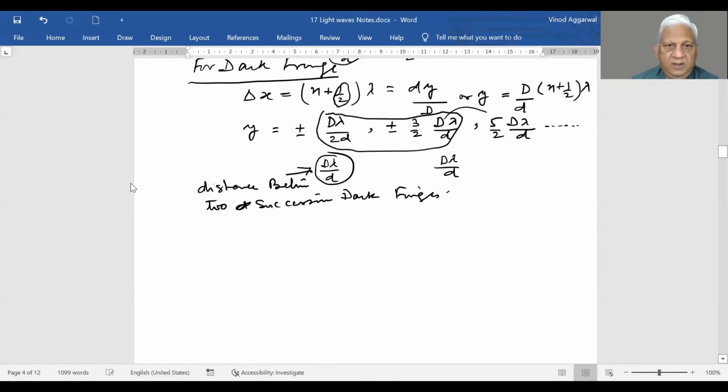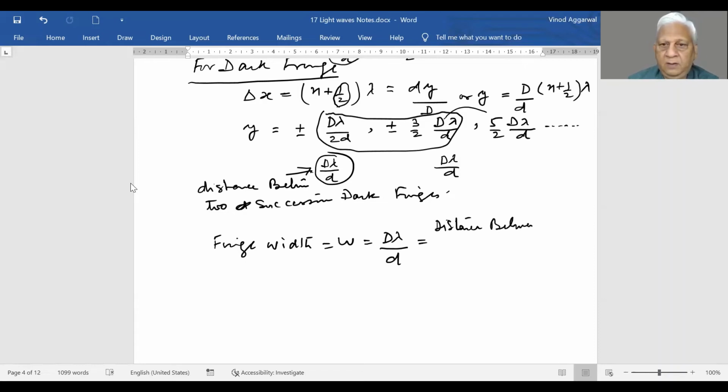So can we say that our fringe width, if we define as W, is first of all, quantitatively it is d lambda by d, and it is also can be defined as distance between two successive dark or bright fringes. The only condition is that they should be successive, one after the other.